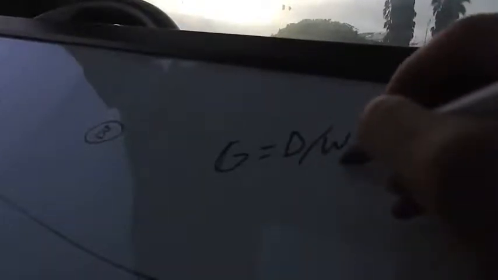G, gravity, equals density. Weight divided by weight, and no, it's everything that gravity describes in the heliocentric model, density, weight, and buoyancy describes in the flat Earth model.